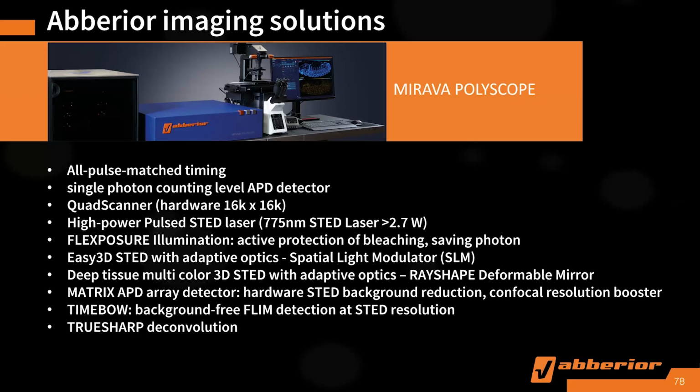What's the numerical aperture of the light? What's the refractive index, and all these kind of things. We are doing the deconvolution on the imaging on its own. And with the matrix detector, you already get the background information and the FLIM data of every pixel. So we can do a very good deconvolution. Actually, our TrueSharp is free of charge. You can even download it from our website to apply to any imaging method you have.